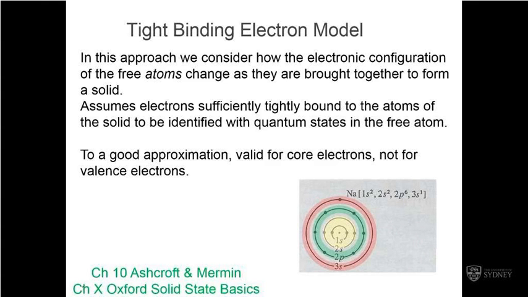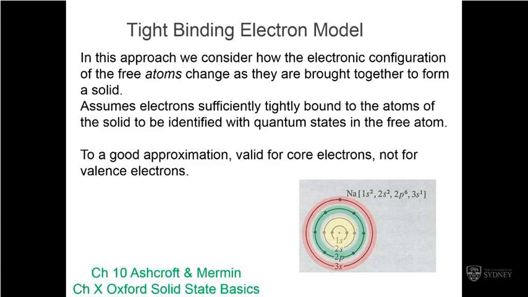So now we're going to be looking at the tight binding model, and this is coming at it from a kind of different way to the free electron model that we have looked at, the nearly free electron model that we looked at last week. In this approach, we consider electrons as they are in their atomic configuration.